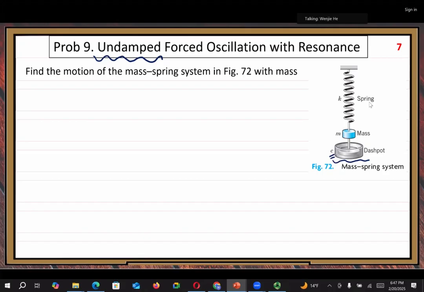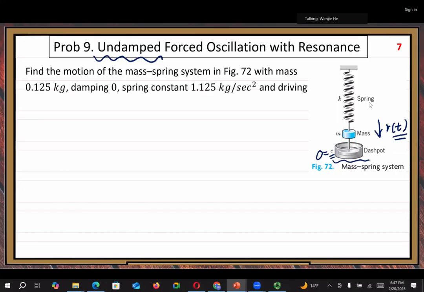Undamped means this constant should be 0, no damping. Forced means we need an external force. The R function is the external force. That's the system.